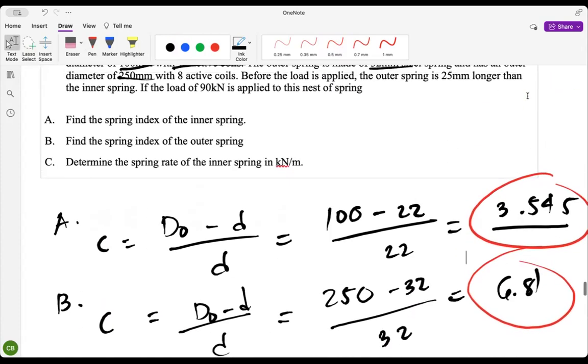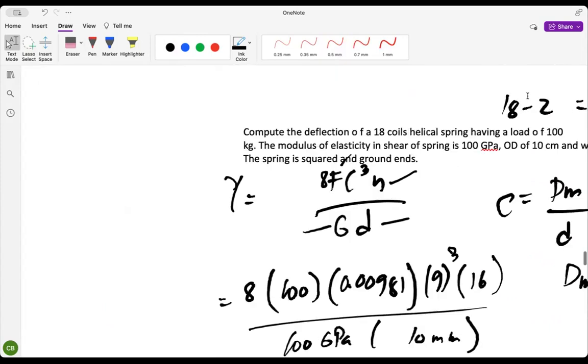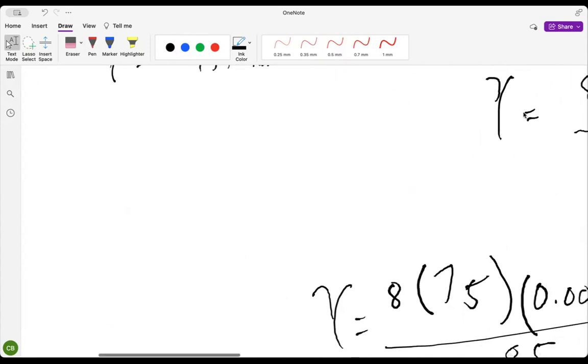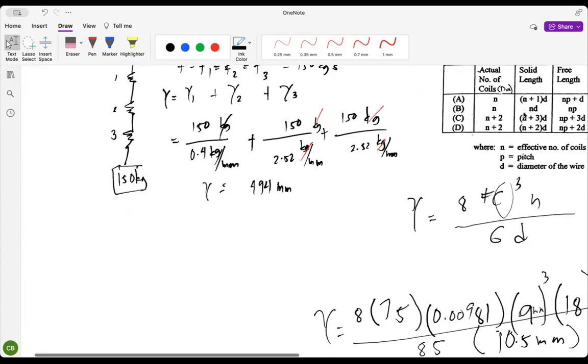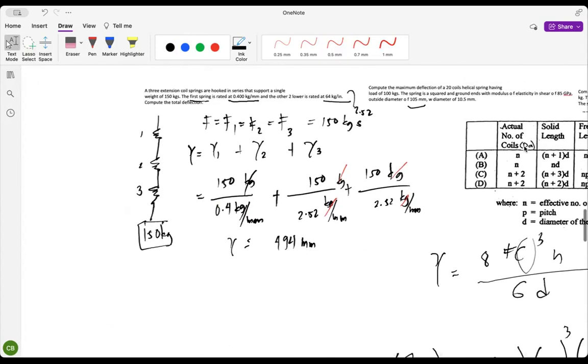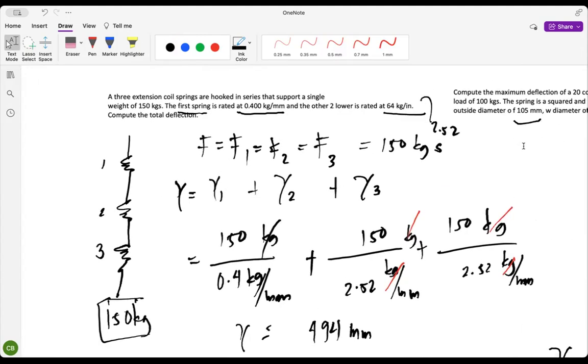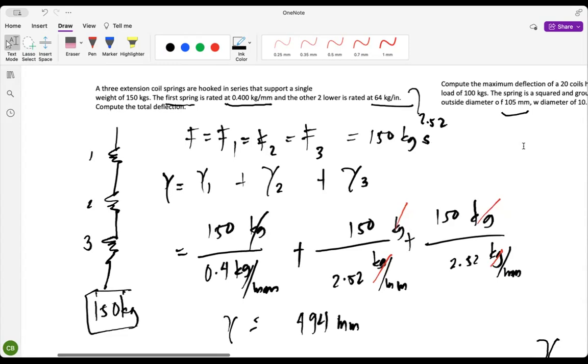Okay, so the previous one that we've discussed is this. So I'll just look at this one. Three extension coil springs with hooks in a series support a single weight of 150 kilograms. The first spring is rated at 0.4 kilograms per millimeter and the other two are rated at 64 kilograms per inch.